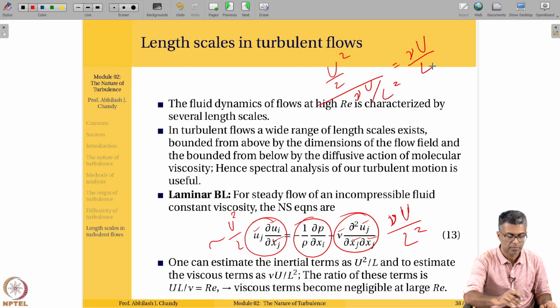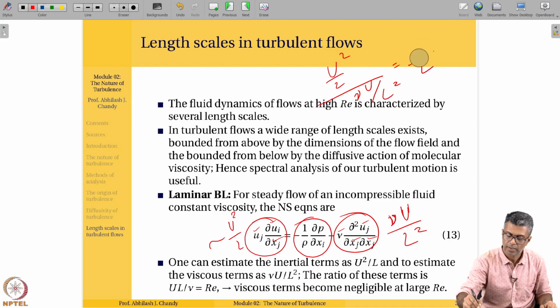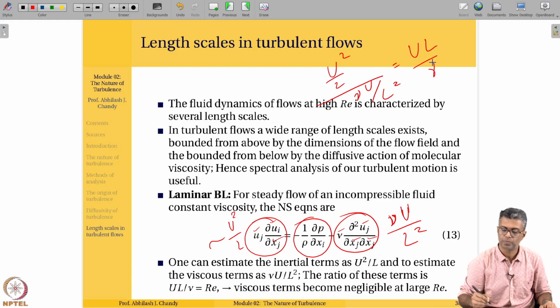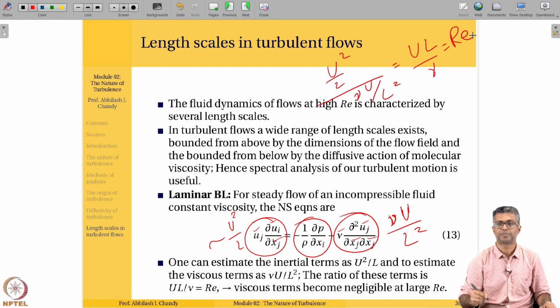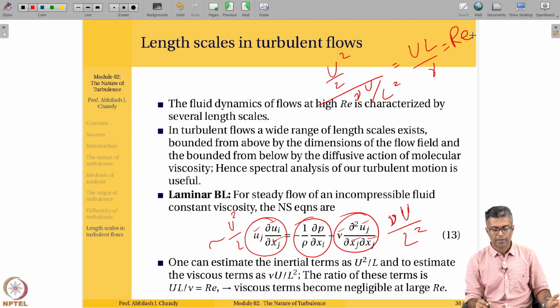I'm sorry, I made a mistake there. It's not nu u over L, it is u L over nu, which is the Reynolds number. So the ratio of these terms is UL over nu, which is the Reynolds number.